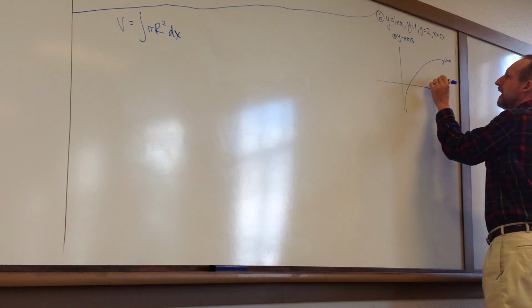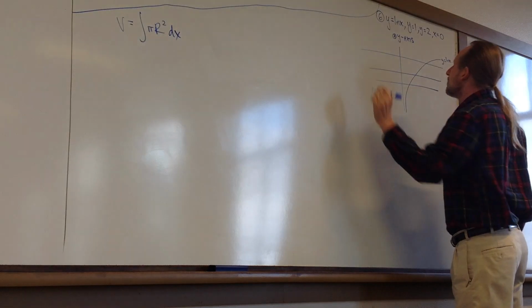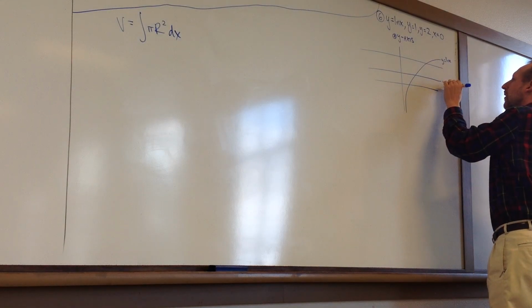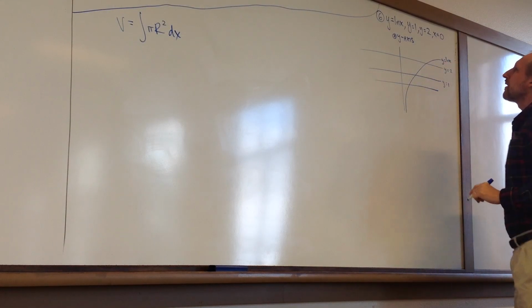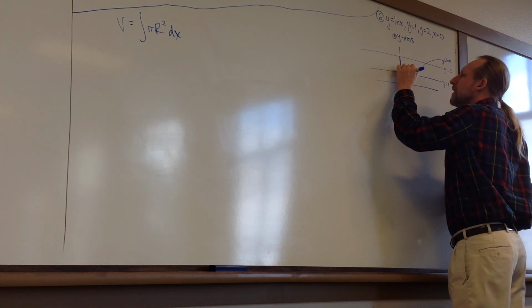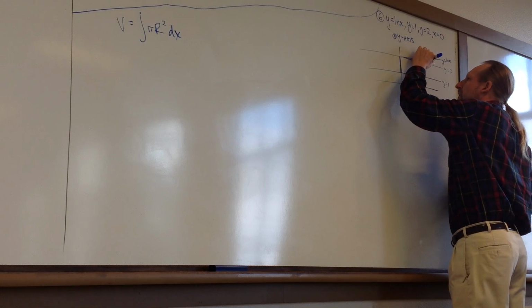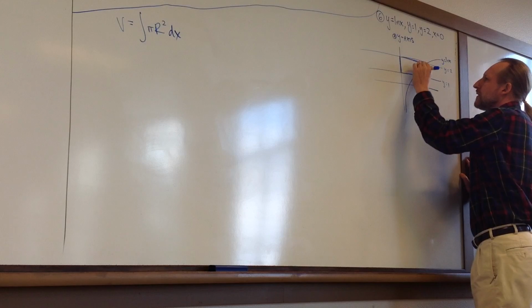And then we're going to have y equals 1 and y equals 2 like that. Okay? And then this x equals 0 closes that off here. So again, like I was saying, identify the area that's going to get rotated. So here it is right here.